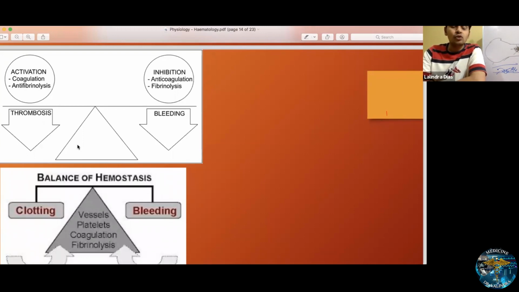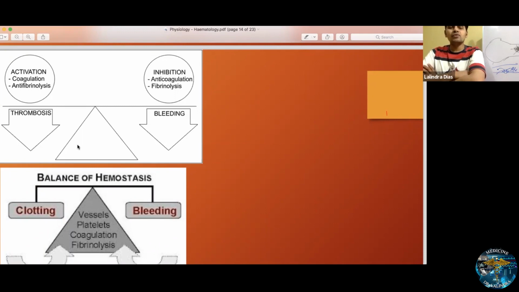So activation of the coagulation pathway causes thrombosis, blood clot formation, increased blood clot formation, and you can end up with either arterial or venous clots.